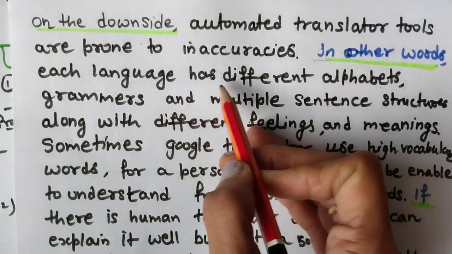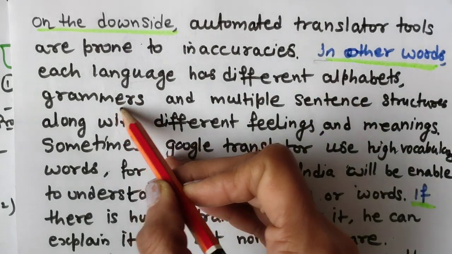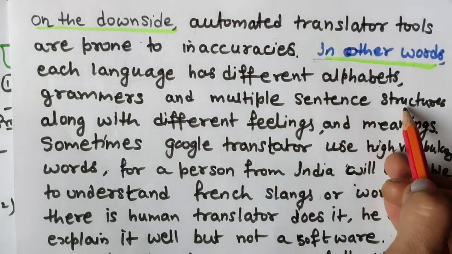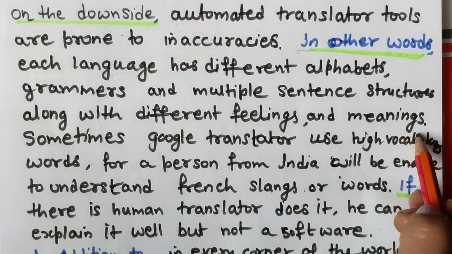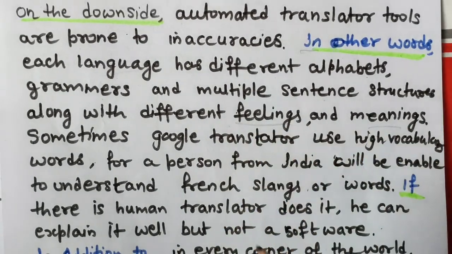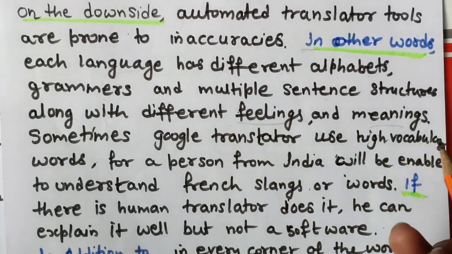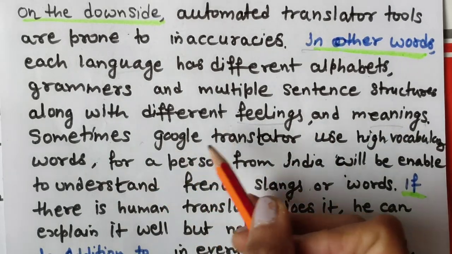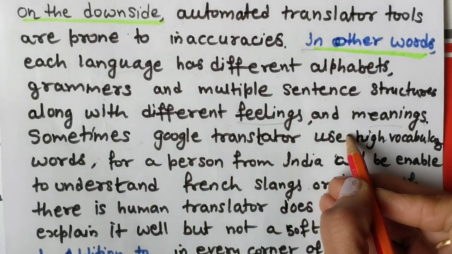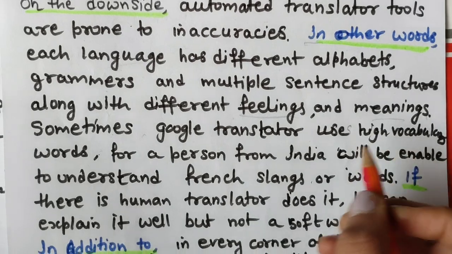Each language has different alphabets, grammars, and multiple sentence structures, along with different feelings and meanings. Okay, so every language has different feelings and meanings, full stop. Now sometimes Google Translator uses high vocabulary words.